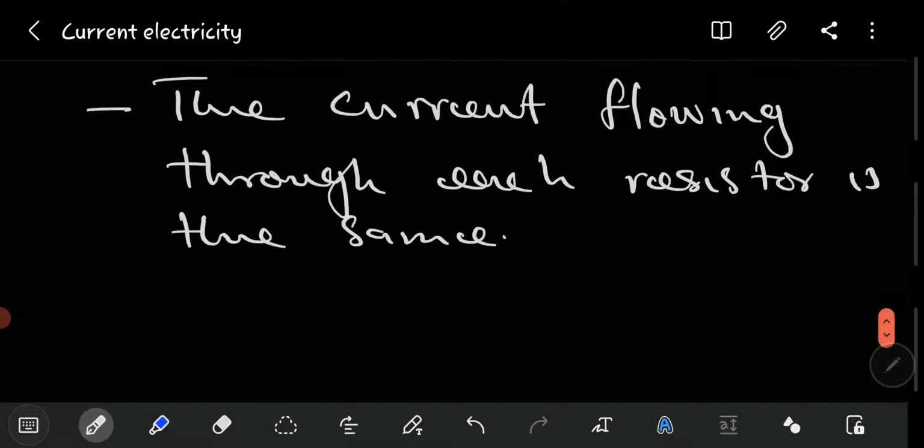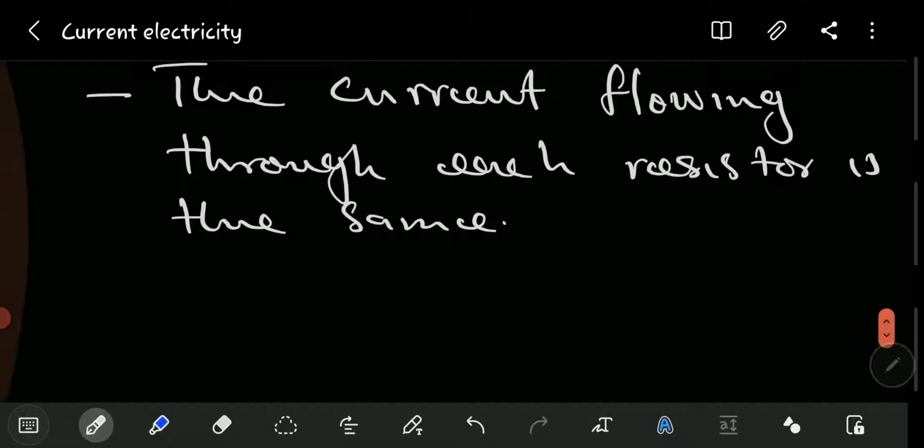Second, the potential difference through each resistor is not the same, or may not be the same.